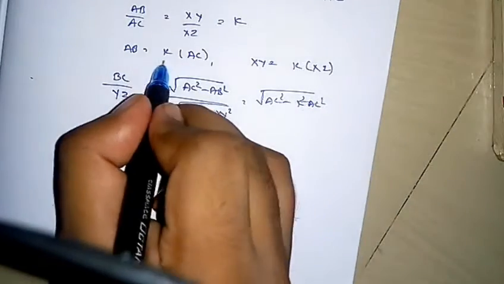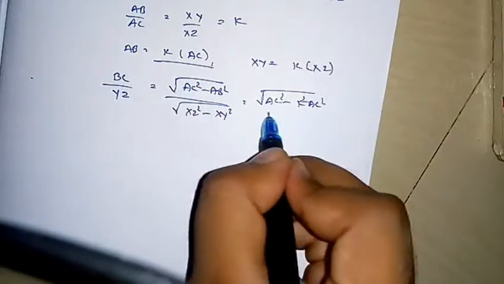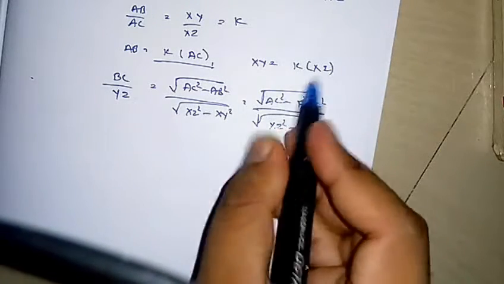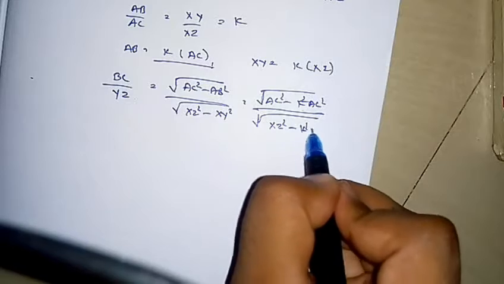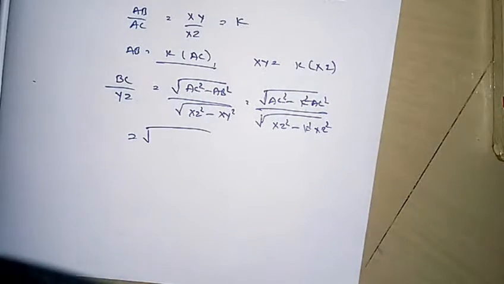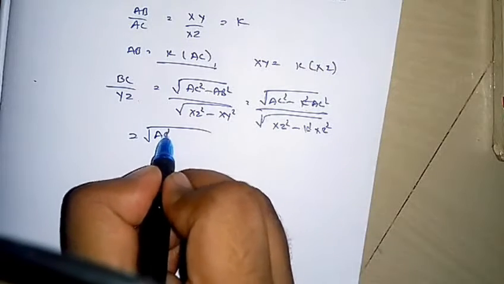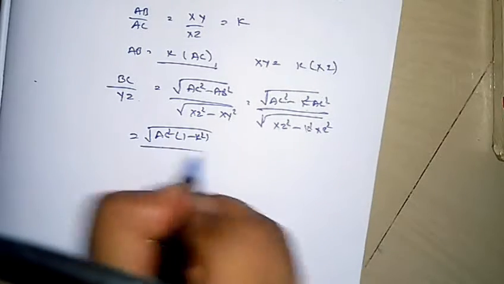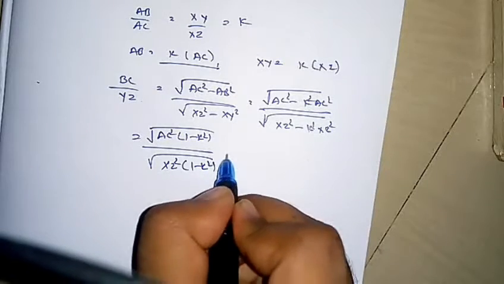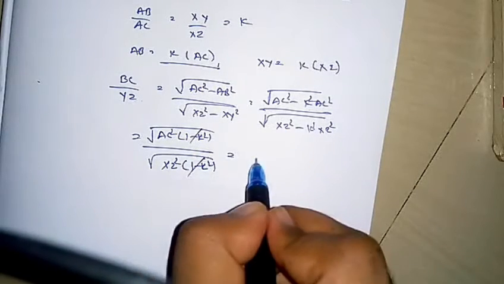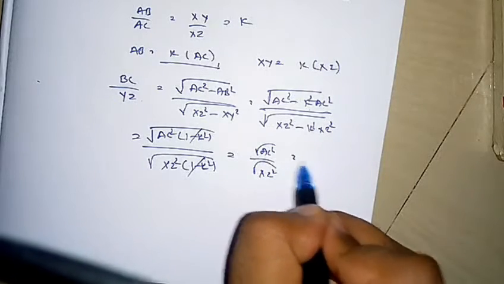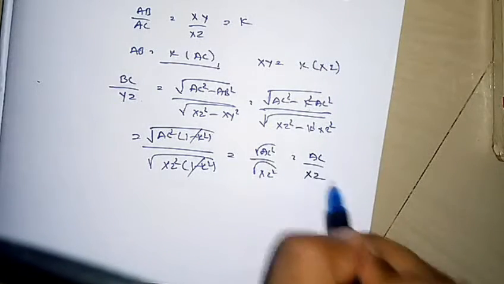Since AB is equal to K times AC, it will be AC square minus K square AC square, and XZ square minus XY square will be equal to XZ square minus K square XZ square. So it will be equal to root of AC square into 1 minus K square by root of XZ square into 1 minus K square. Cancel 1 minus K square, and you get root AC square by XZ square, which is equal to AC by XZ.